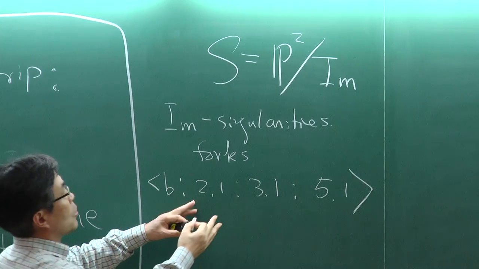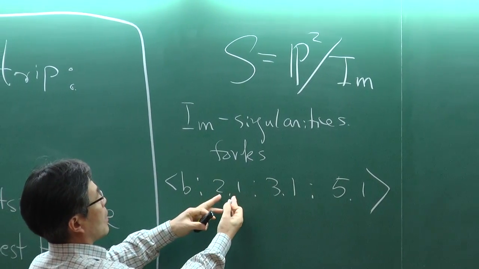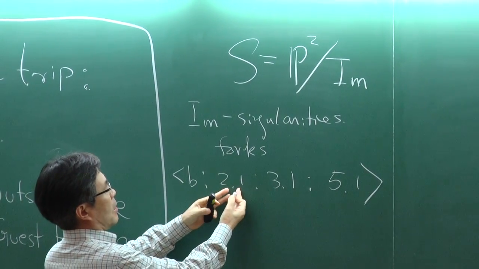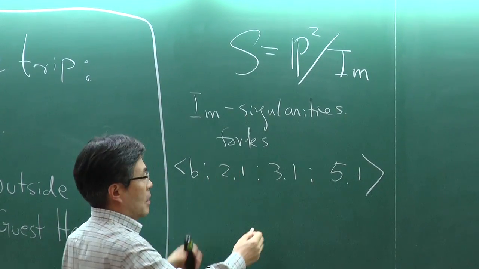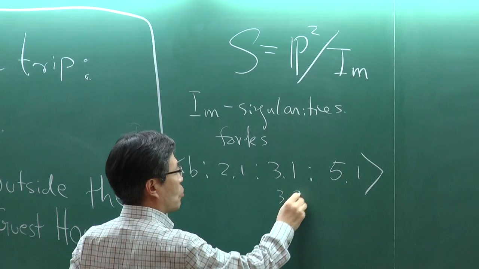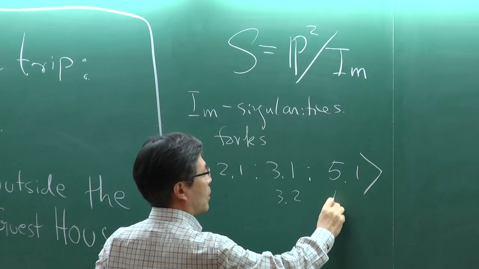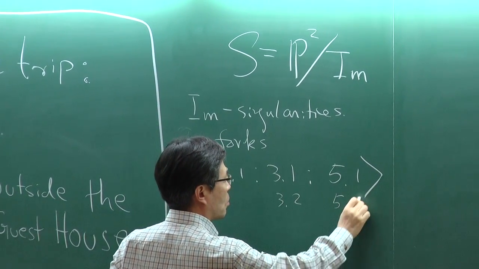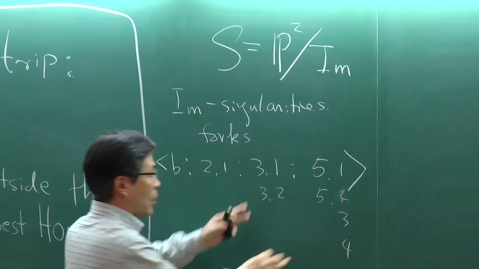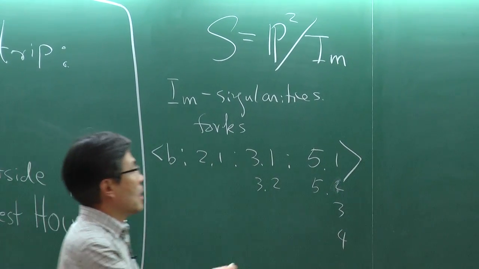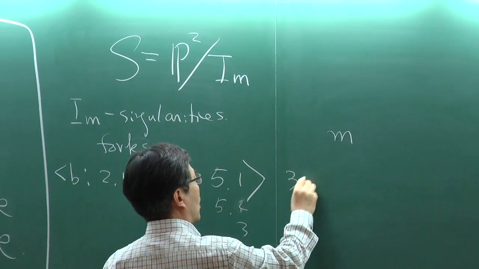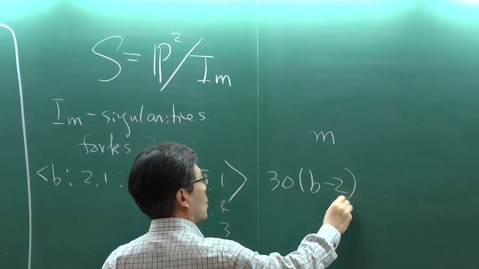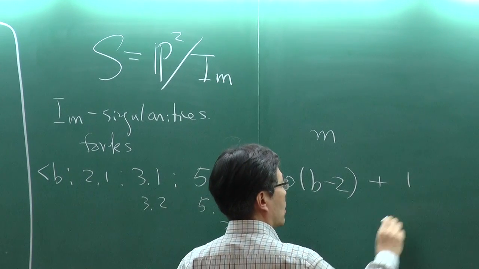And you see 2, 3, 5, each branch consists of order 2, 3, 5. And here you can choose 2 choices for 3, and 4 choices for 5. So there are 8 families, and here M is like 30 times B minus 2 plus some number.